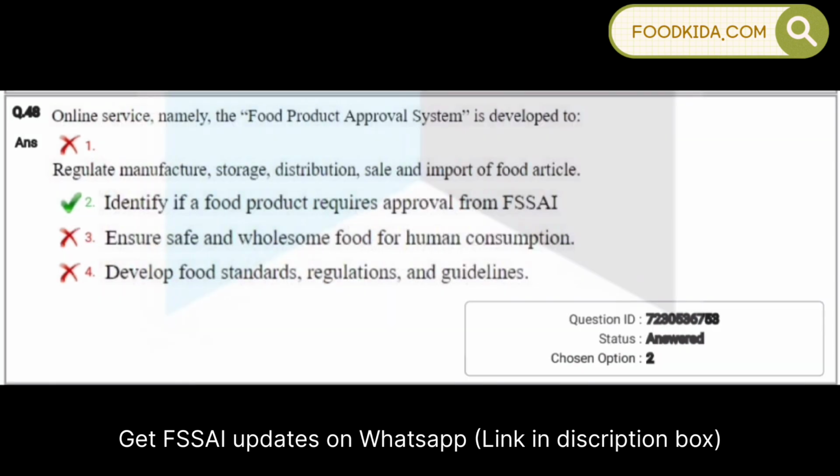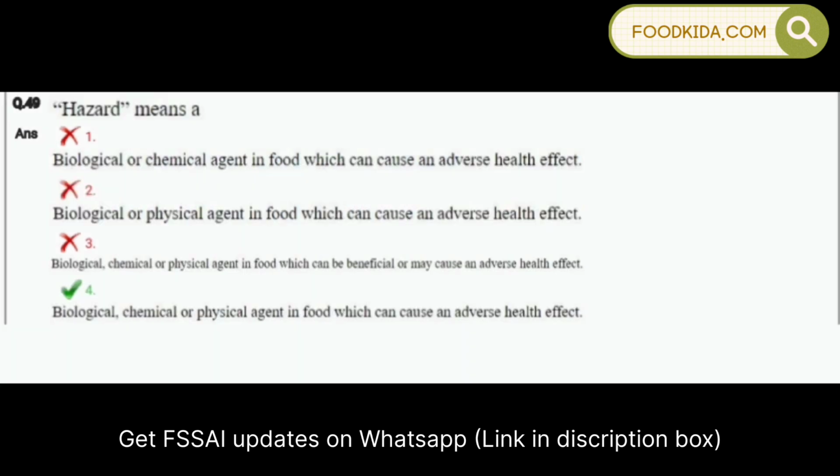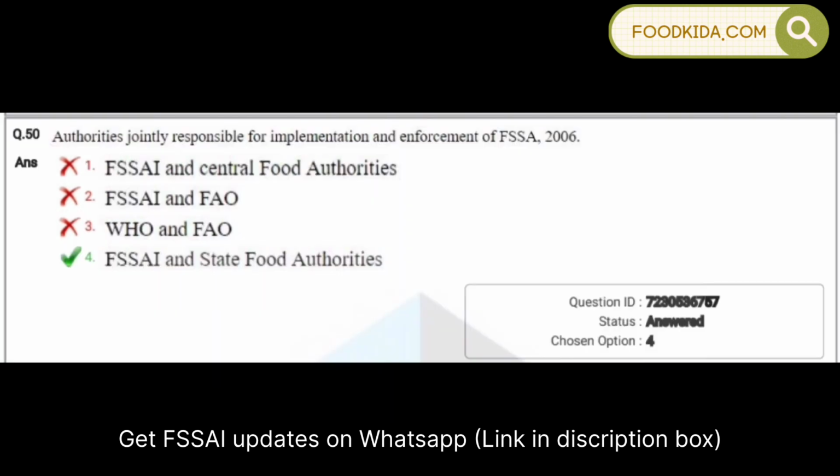Online services, namely food product approval system, is developed to identify if a food product requires approval from FSSAI. Now, hazard means biological, chemical or physical agent in food which can cause an adverse health effect. Authorities jointly responsible for implementation and enforcement of FSSA 2006 is FSSAI and state food authorities.